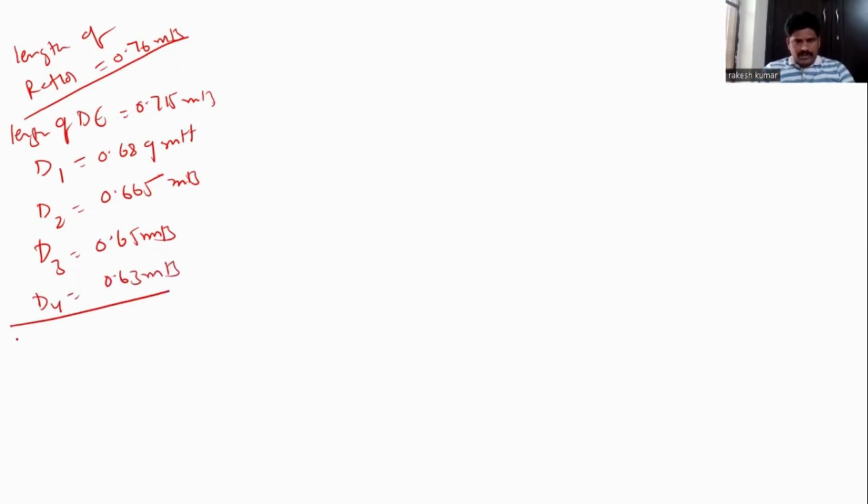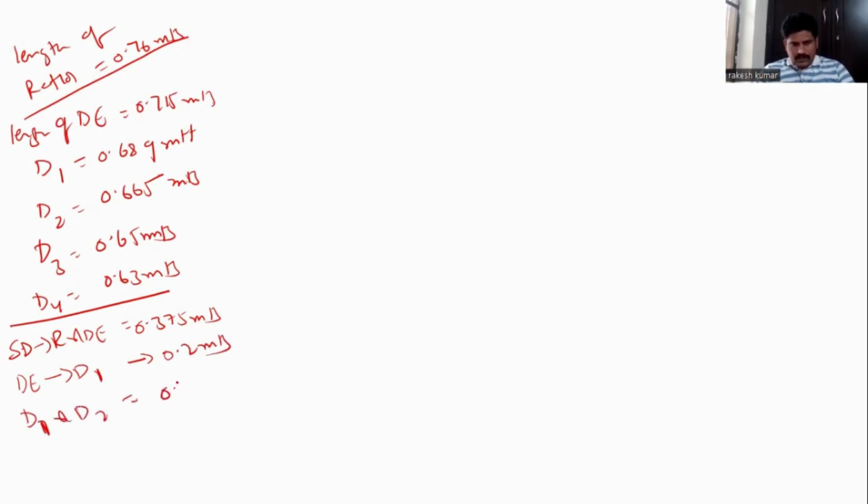Okay. Similarly, the separation distance between the reflector and driven element is 0.375 meters. Driven element and D1, it is 0.2 meters. And D1 and D2 is 0.19 meters.